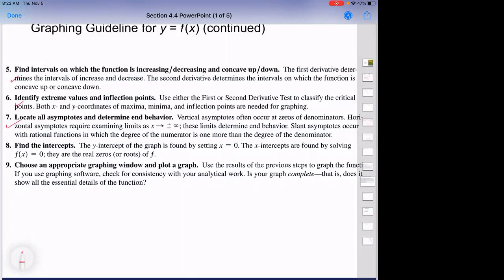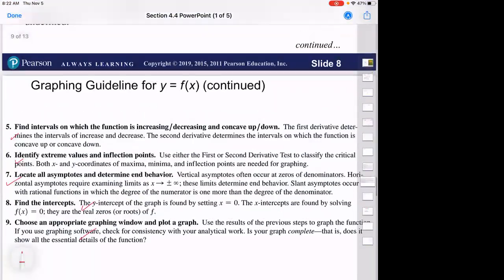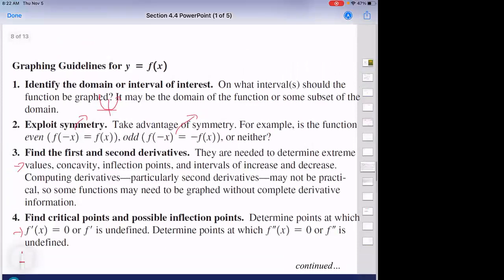Look at any asymptotes, particularly horizontal asymptotes and oblique asymptotes. Find any intercepts. Do you want to do this? Let's do one problem. And again, this is the summary of a lot of things you have already done in this course.